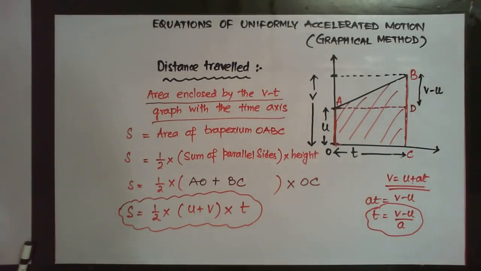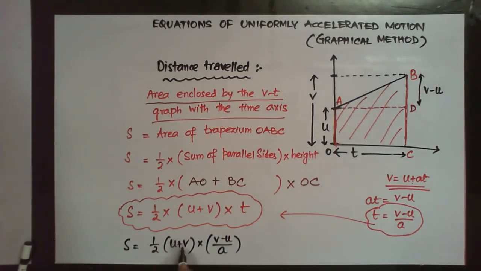Now if you look at this equation, we have S is equal to half (U plus V) into T. So instead of T, can we put this V minus U by A? Yes. So if you substitute V minus U by A in place of T, let us solve this and find out what we get. S is equal to half (U plus V) into (V minus U upon A).